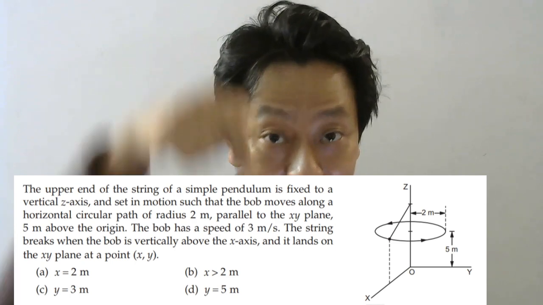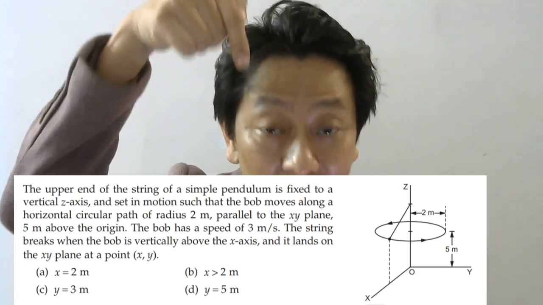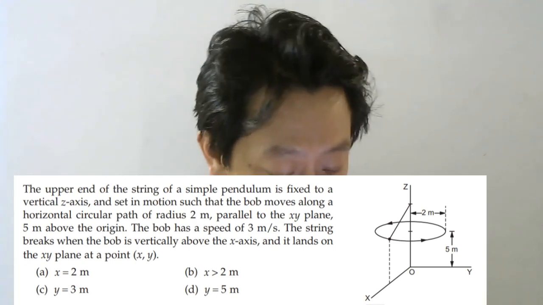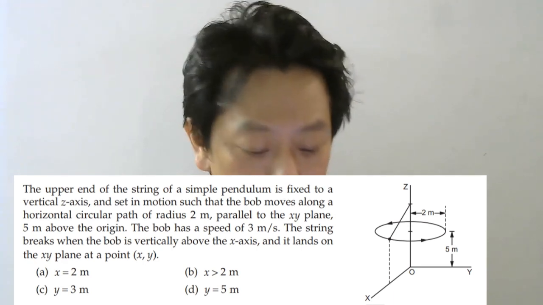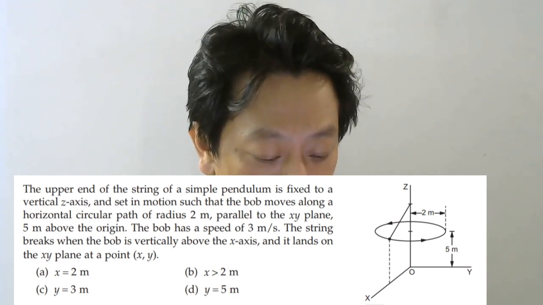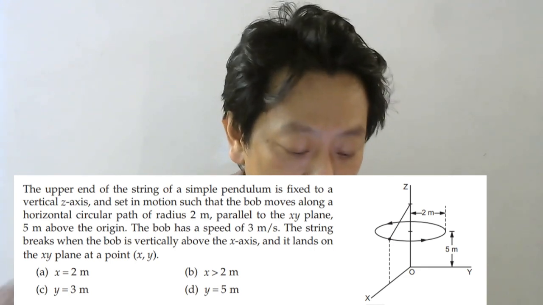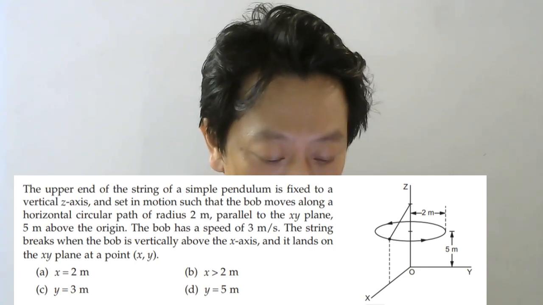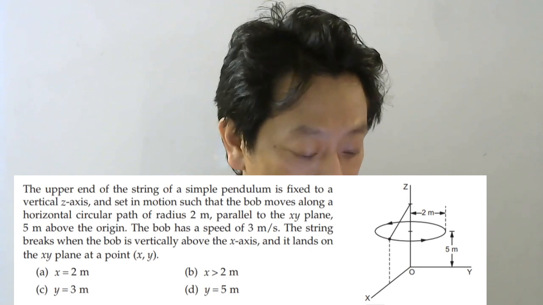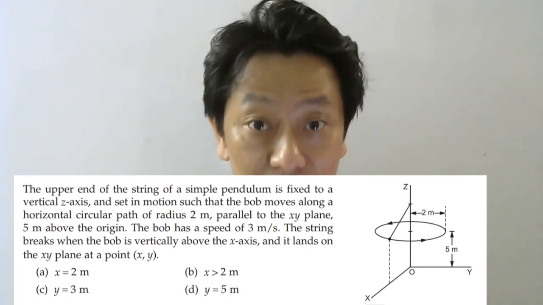So please remember, gravity is this time along z-axis, and it is set in motion such that the bob moves along a horizontal circular path of radius 2 meter parallel to the xy plane, 5 meter above the origin.